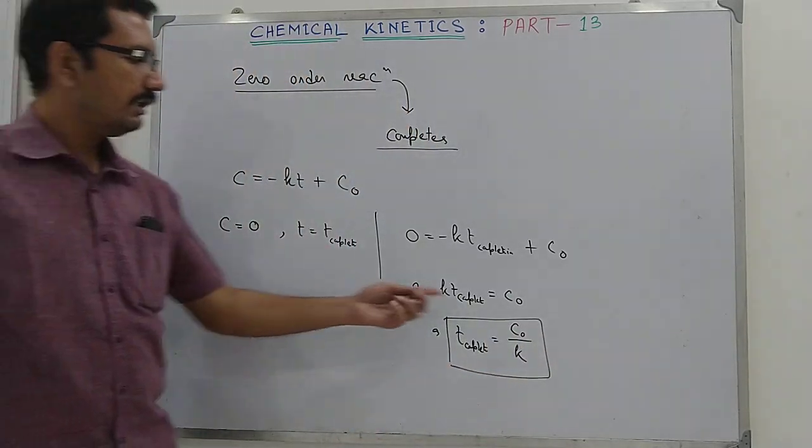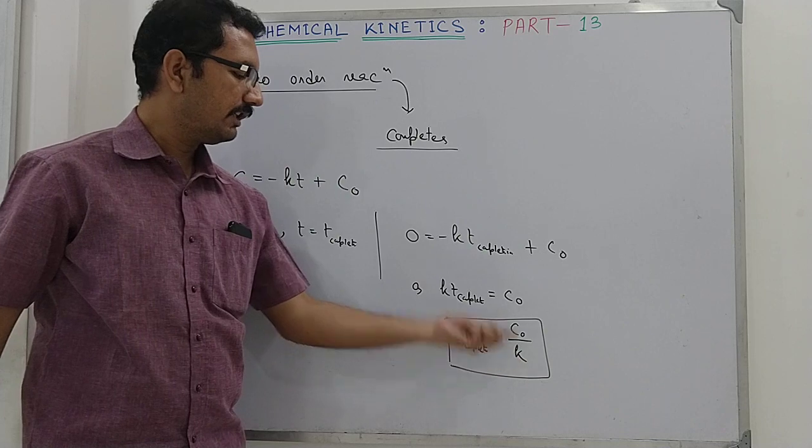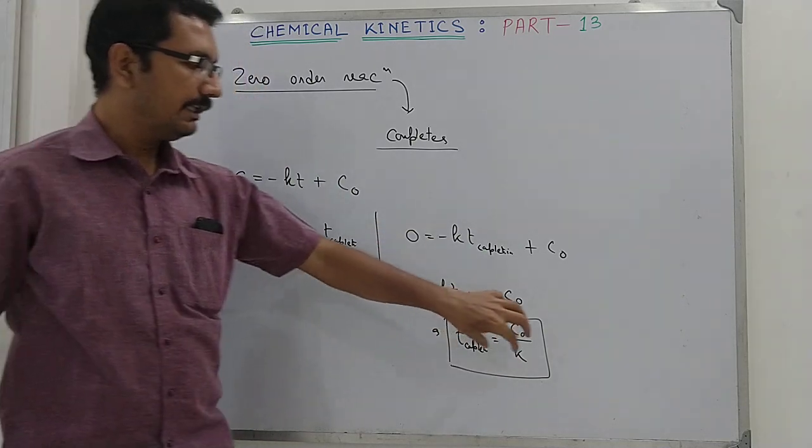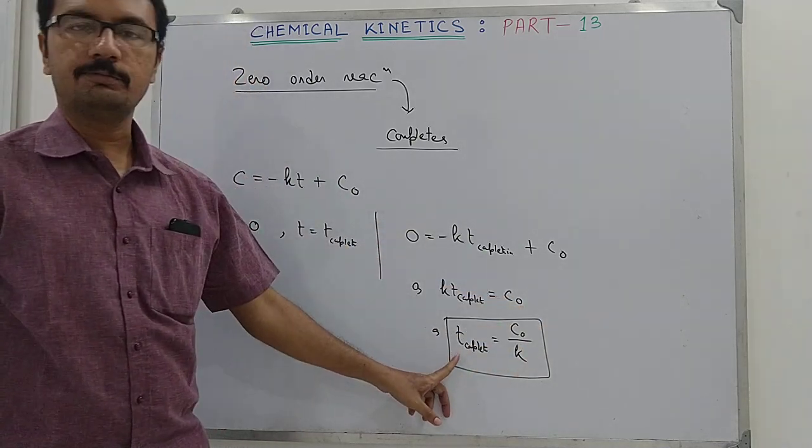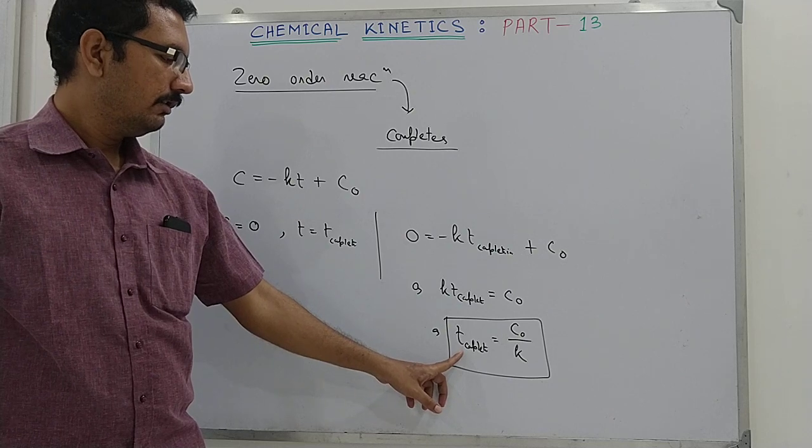So the initial concentration divided by the rate constant for a zero order reaction will give you the time for the completion of a zero order reaction.